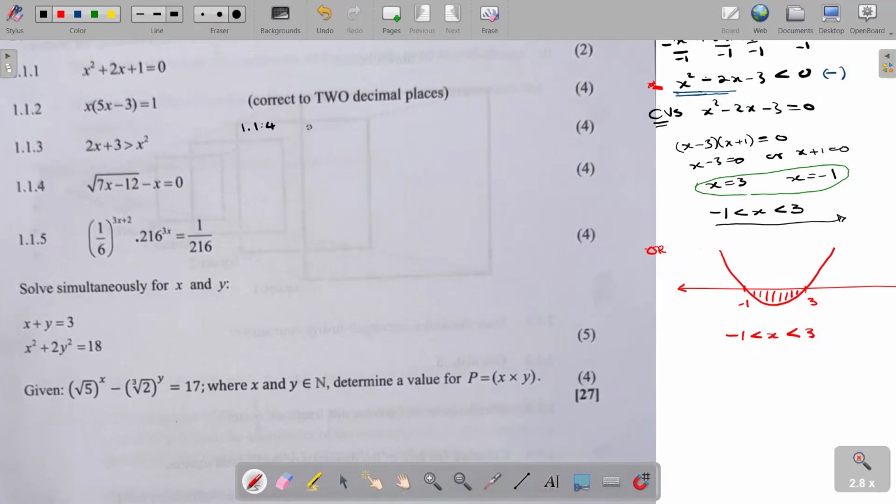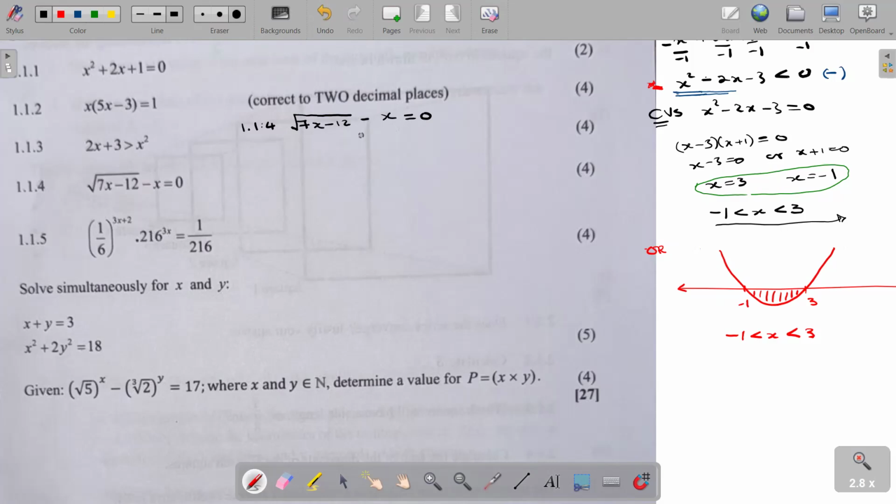You are given that 7x minus 12 root that is equal to... it's saying minus x is equal to 0.